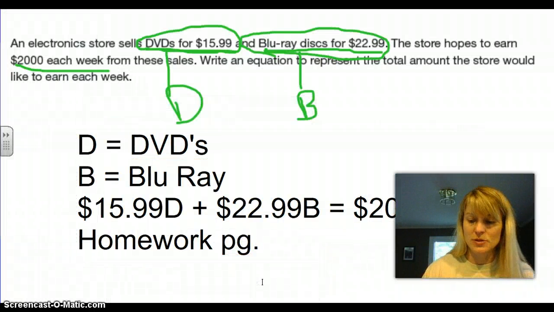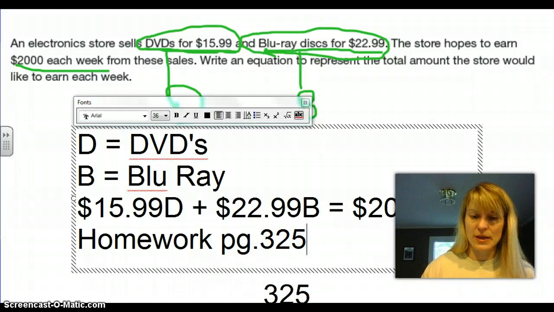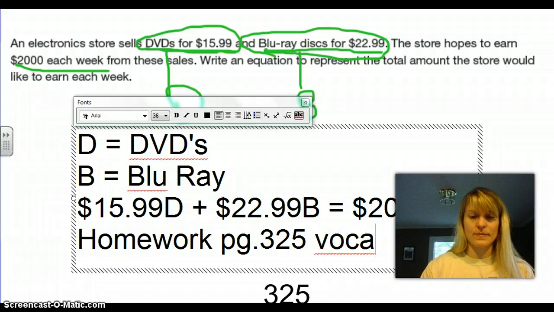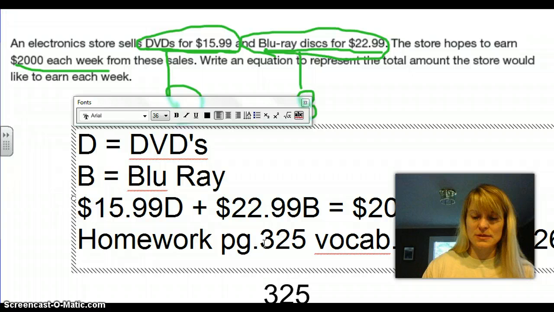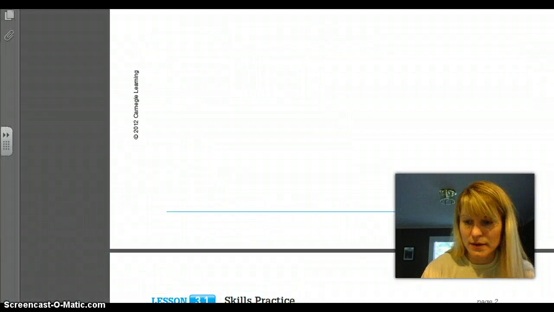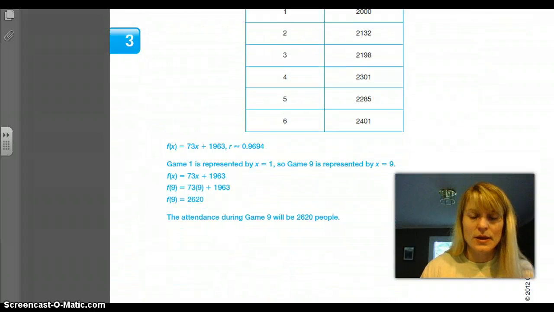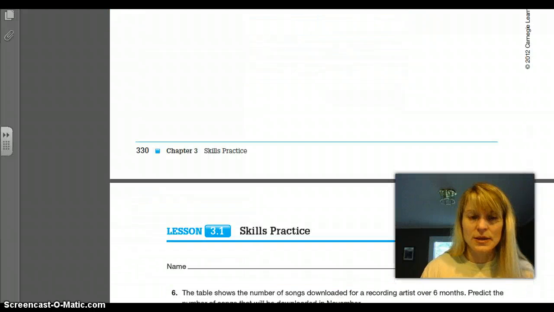So your homework is on page 325, you're going to do the vocabulary, and then you're going to do numbers 2 through 6, because 1's done, and I think that's going to be page 326 to, what is it? I had this written out earlier. Each one's a page, so that should be easy. Actually, that seems like a lot.